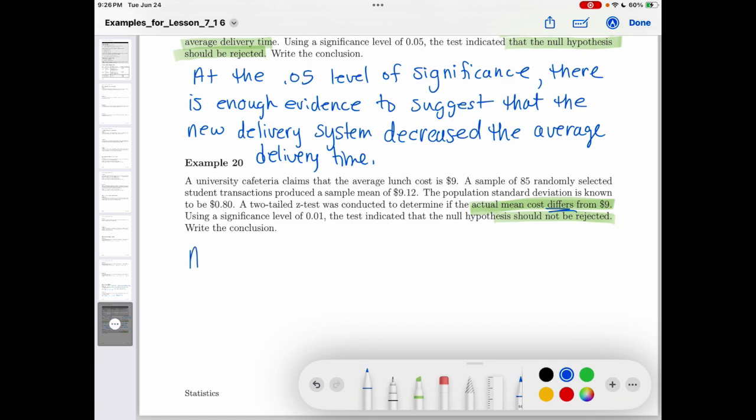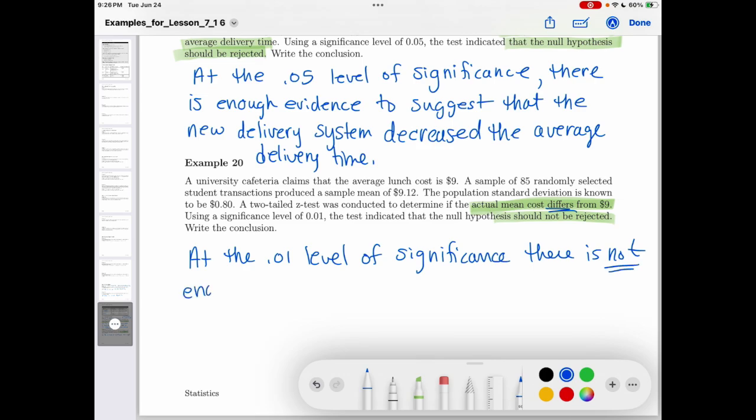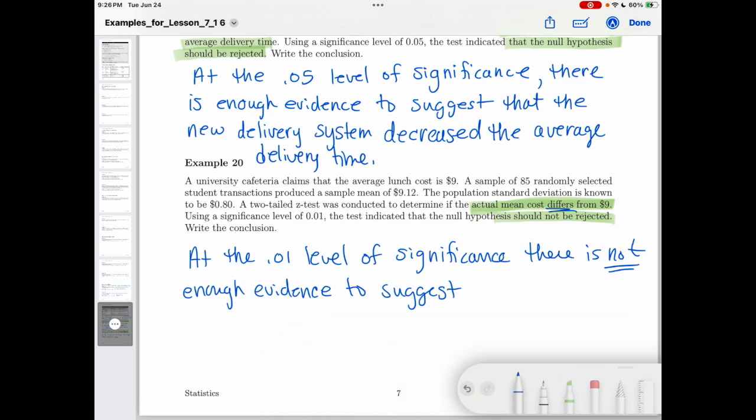So using our template, we would say at the 0.01 level of significance, there is not enough evidence to suggest, and then here's where we write in what we tested. So we want to say that the mean cost differs from $9.